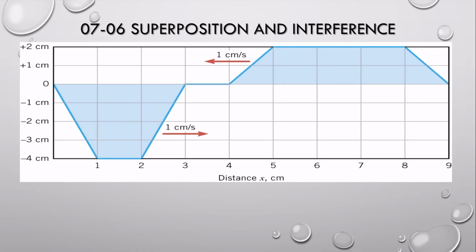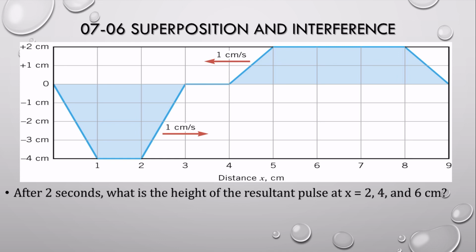All right, these two wave pulses are moving towards each other at 1 centimeter per second, or 1 square per second. After 2 seconds, what is the height of the resultant pulse? If they're moving at 1 centimeter per second, after 2 seconds, they'll have traveled 2 centimeters. So redraw the pulse after they've moved over 2 spaces.